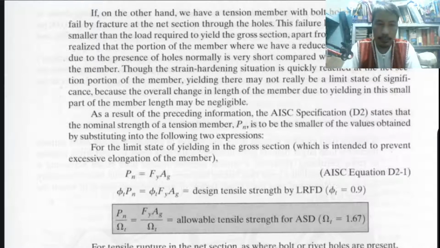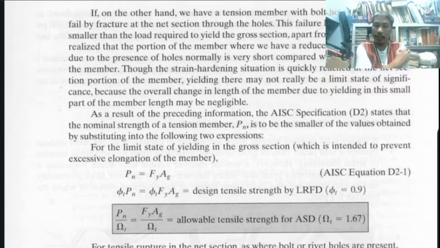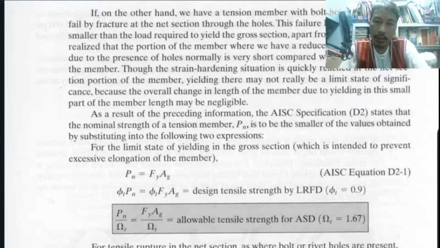So then, if we are using the ASD instead of LRFD, instead of using the reduction factor for LRFD, we will use the omega t. Omega t is equal to 1.67.